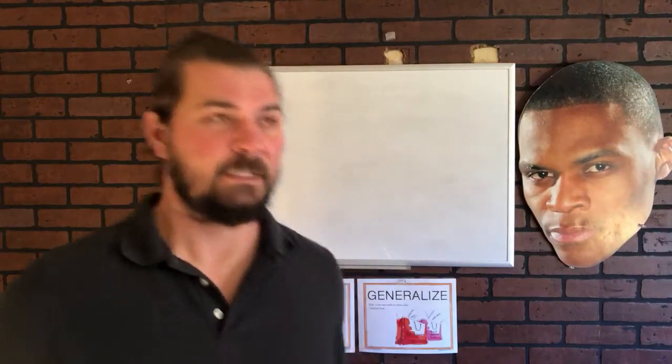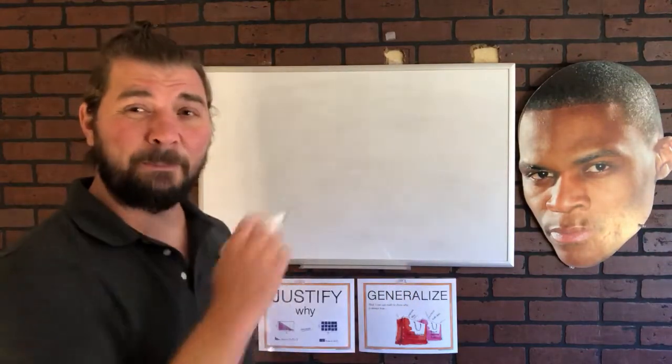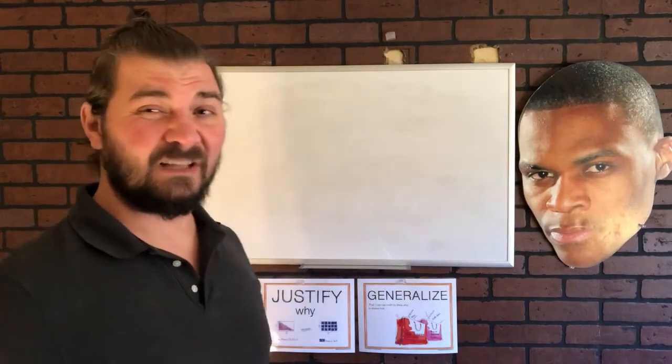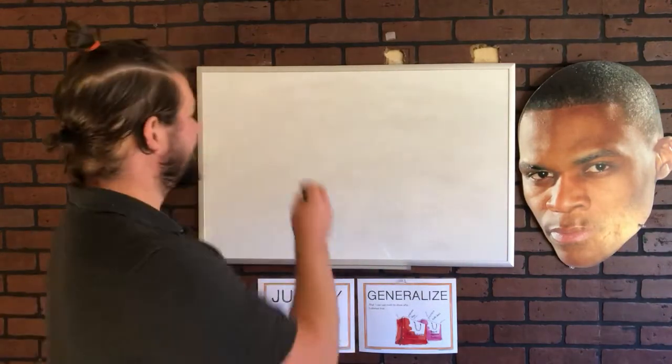I need a pen. Here we go. So first thing I'm going to do is put an equation up here and I'm going to use a letter in that. So don't freak out.